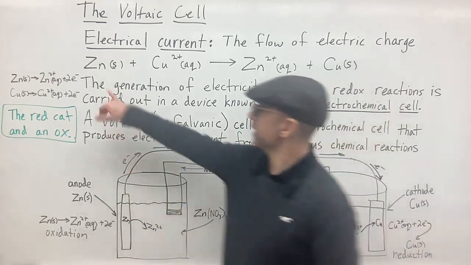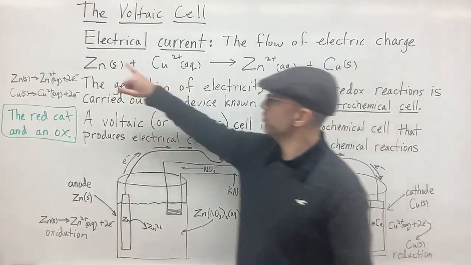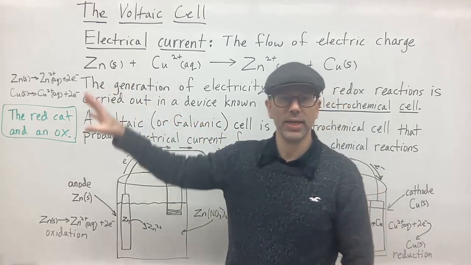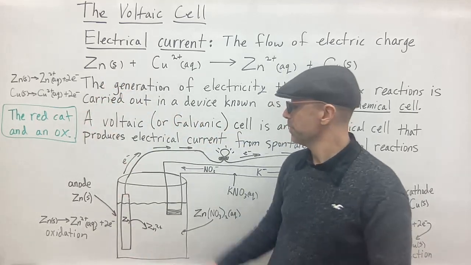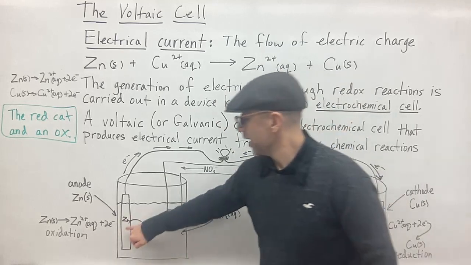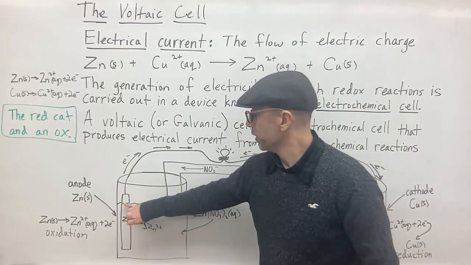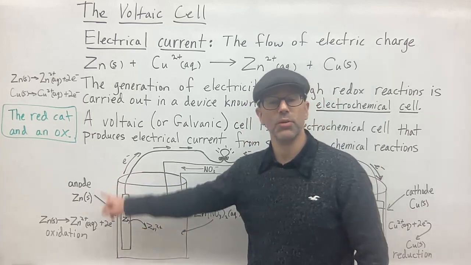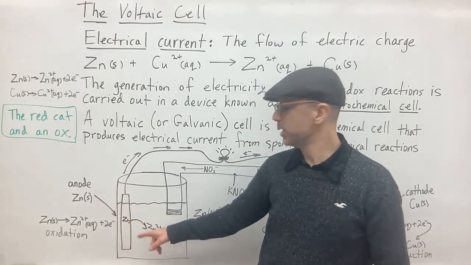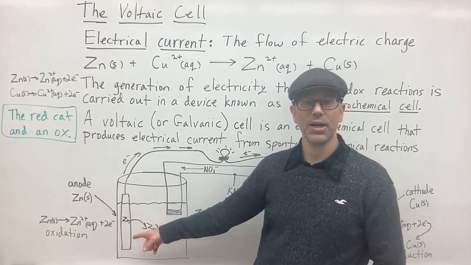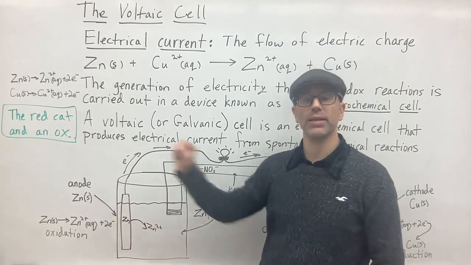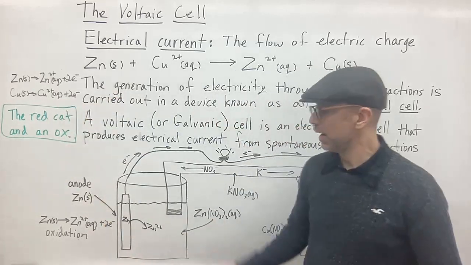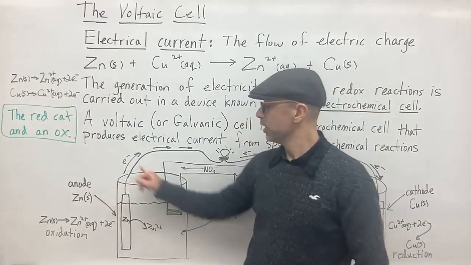Because zinc is more strongly going to give away electrons compared to copper, the zinc is going to pass the electrons. So this electrode is going to become negative. Because zinc has a higher propensity for giving away its electrons compared to copper, that's what makes this the negative electrode.